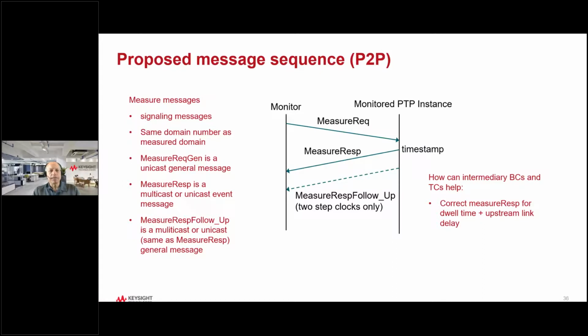The measurement response follow-up can also be unicast or multicast, same as the measurement response. But again, the monitor can be anywhere on the network. And again, the BCs in this case measure the dwell time and the upstream link, similar to what happens when the P delay correction is done.